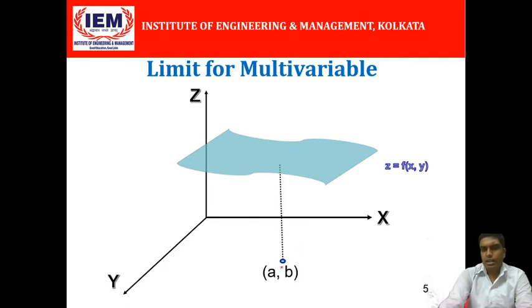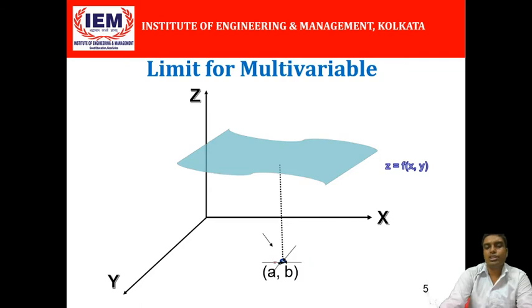In the single variable case, I can just move from the left-hand side and right-hand side. Here, I can approach this point (a, b) from this direction, or from the right-hand side direction, or I can move in this direction parallel to the y axis.